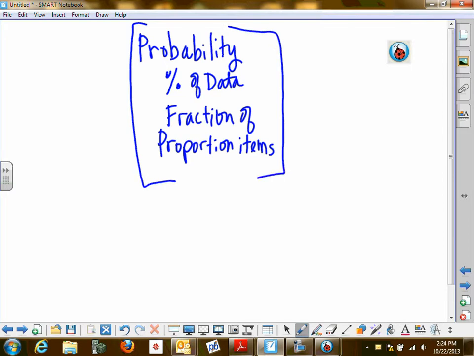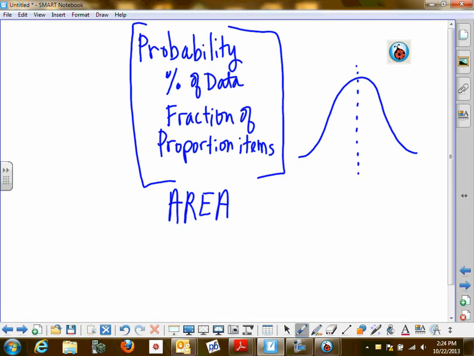And what they are, to us, statistically, is the area under the curve. Okay? So let's think about that for a second. If I had a z-score located right here and I wanted to know the percent of data above it, then I am wanting this amount of area. Okay? This is all of these things right here. The probability of something, the percent of the data, the fraction of it, the proportion of those items.